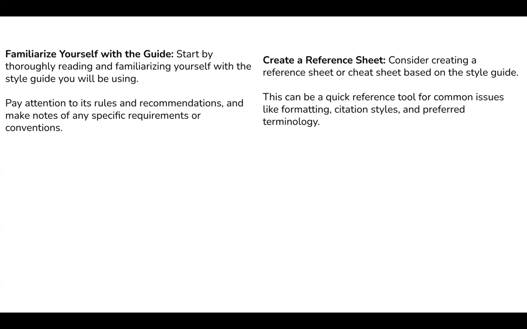Citation styles, what color should the link be? Should it be purple? Should it be the normal blue? And preferred terminology. So things you know that you are going to need every single time you write, you can create a reference sheet that you can just use instead of going to the style guide every time.